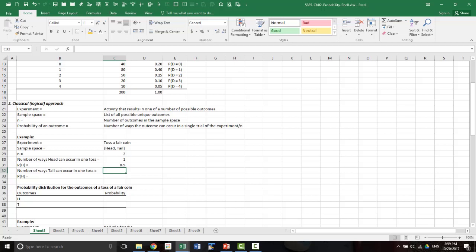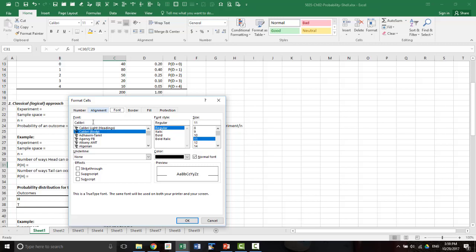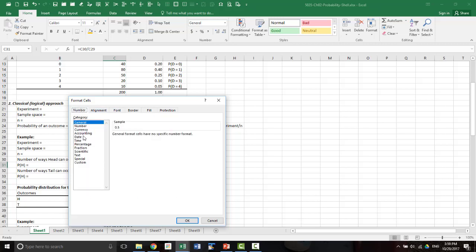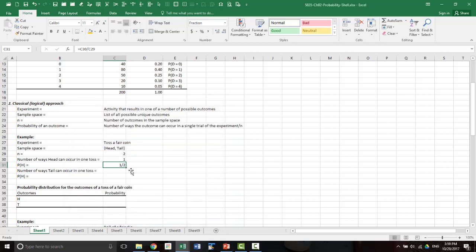2, that is 0.5. And if you want to display that 0.5 as a fraction, you can go to format, number, and then there is fraction right there. So that will display the number as a fraction.